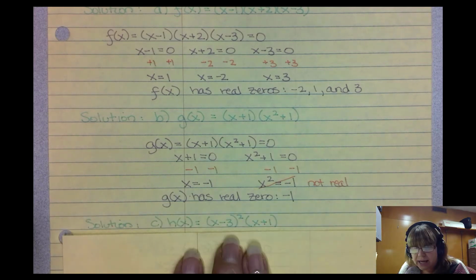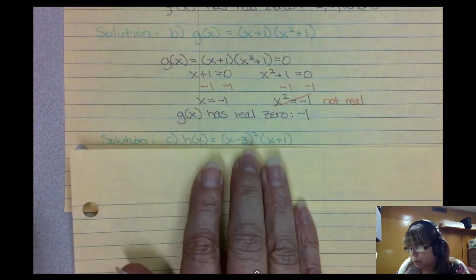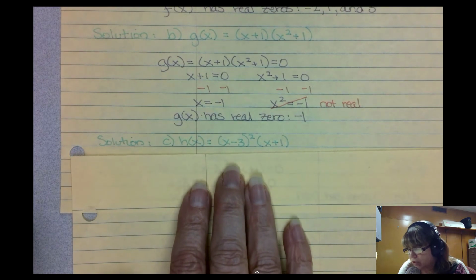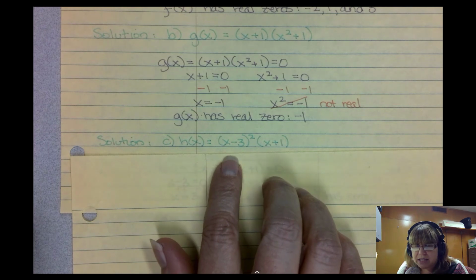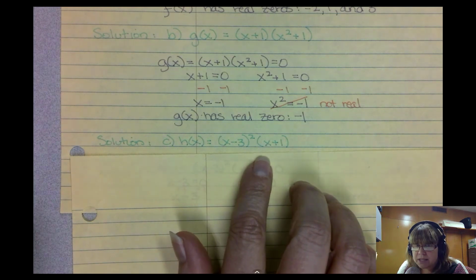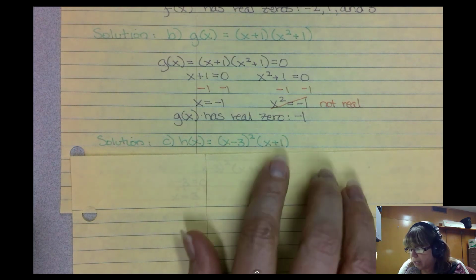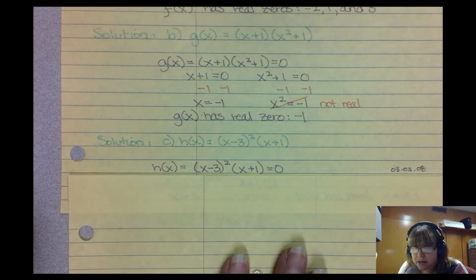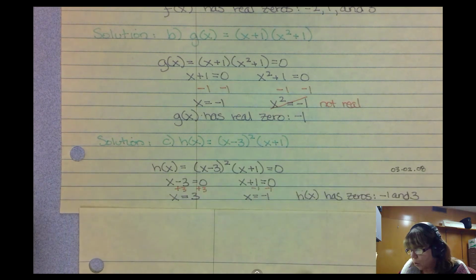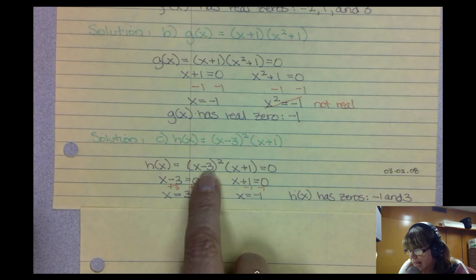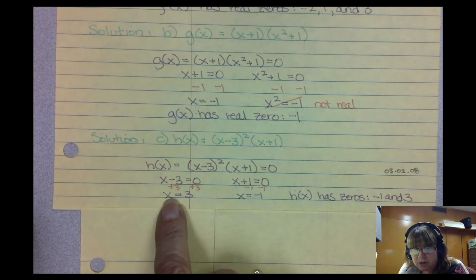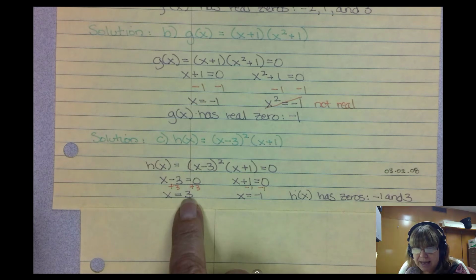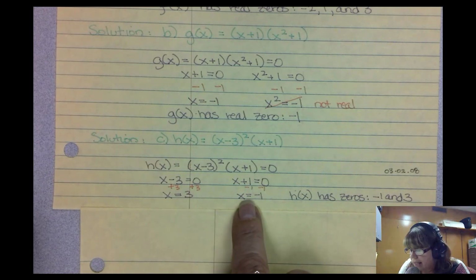Now let's look at our third example, h of x. h of x equals x minus 3 all squared times x plus 1. Setting this equal to 0 and solving, we get x minus 3 equals 0, that is x equals 3, and x equals -1.